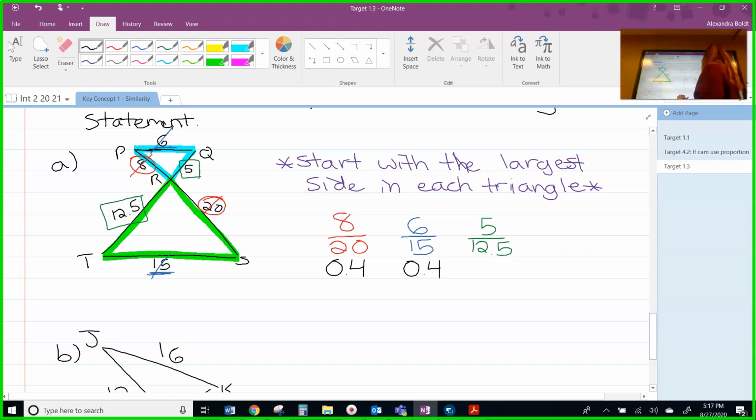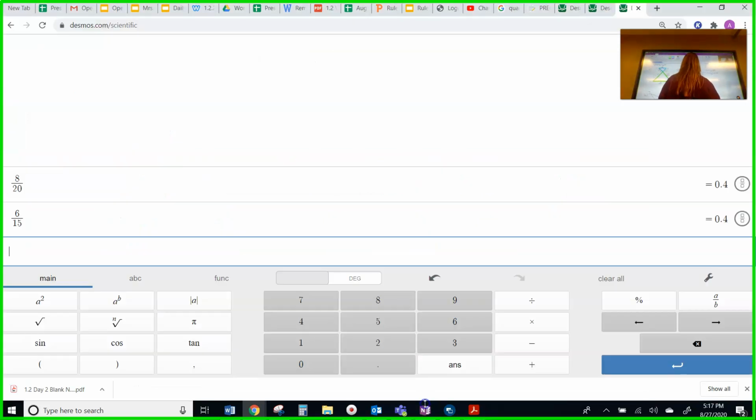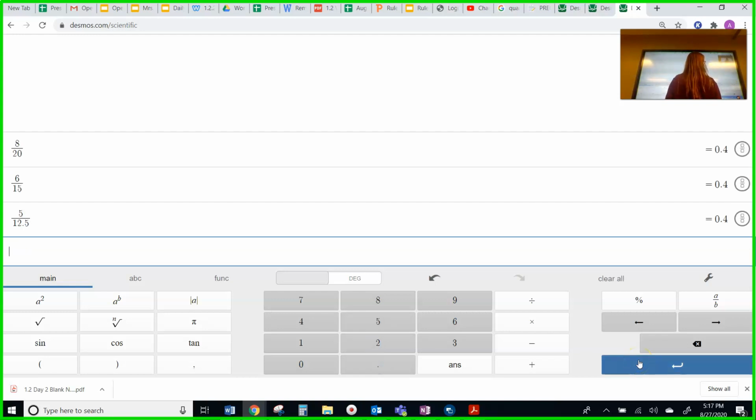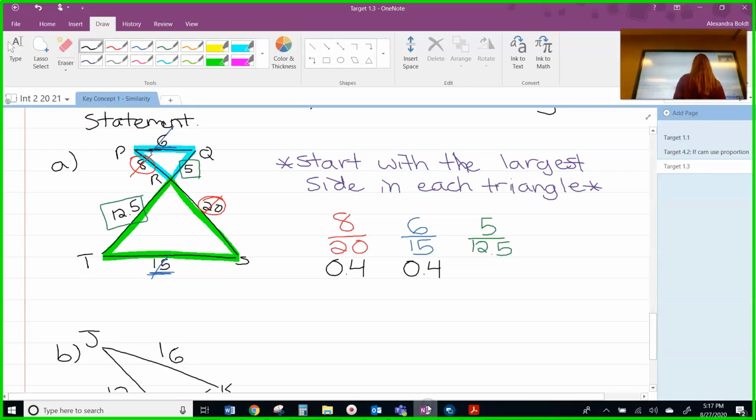Sorry, my computer's slowing down. And then 5 divided by 12.5. So these are equal.